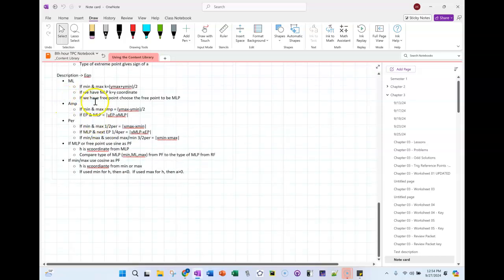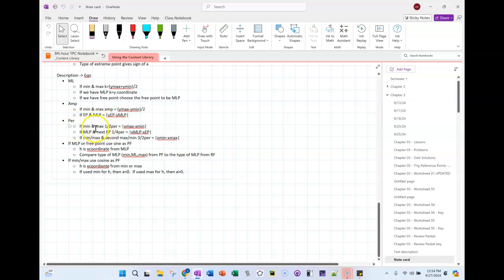To find the amplitude, if I have a min and a max, I look at the average difference of the y-coordinates. If I have an extreme point, like a min or a max, that's what EP stands for, and a midline point, then my amplitude is just the absolute value of the difference in those y-coordinates.